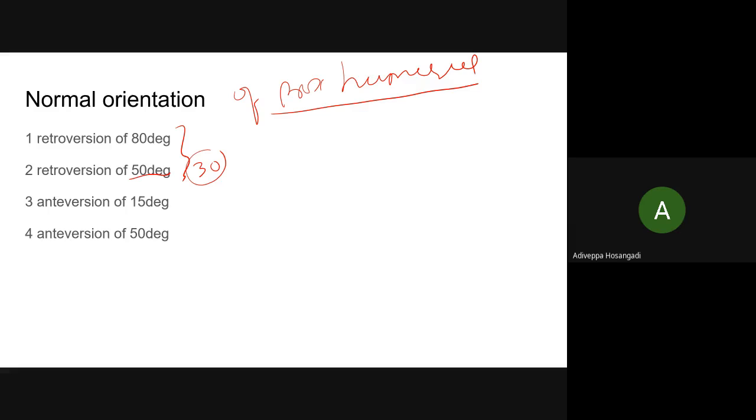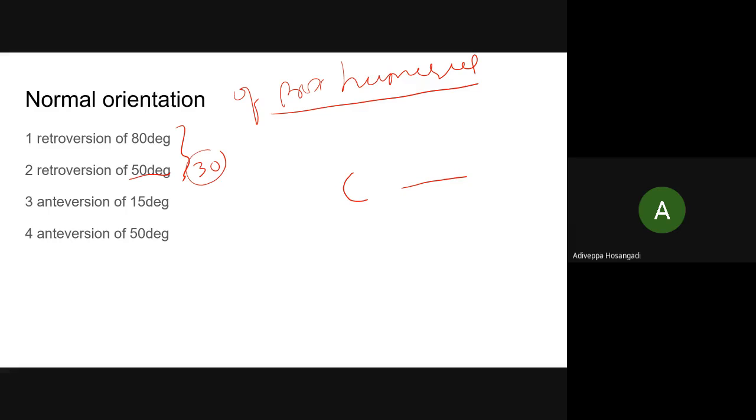Do you understand what is antiversion and retroversion? Say for example, you are looking from above with respect to the coronal plane.